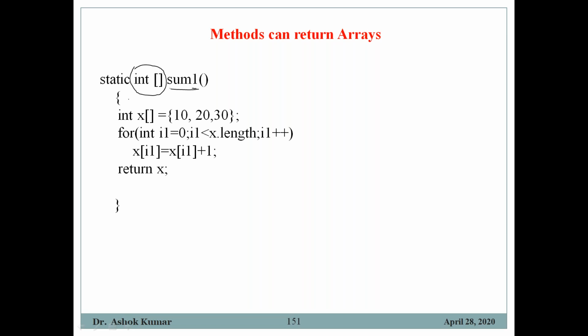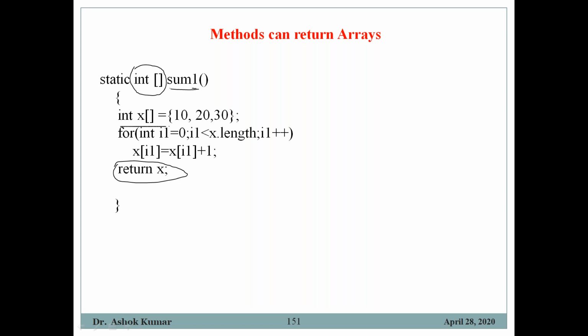So how will you return the array? You will use the return statement. Basically, this statement is used to return the value to the calling function. So here we return x. Here x is the array that we have created with this line, right?